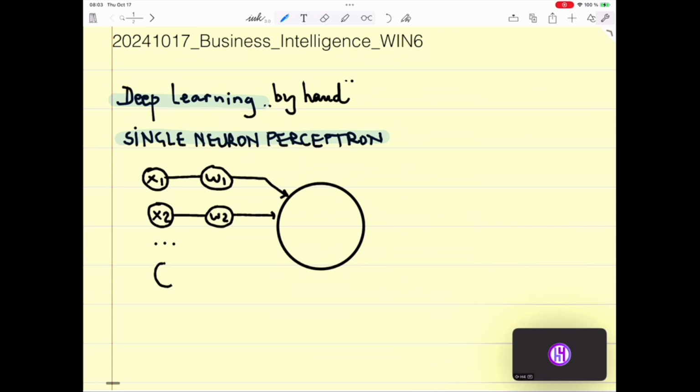And when we have n of these inputs, as I said, an input multiplied by a weight, what this neuron does is it adds up all the multiplications of inputs times weights. This is called the perceptron.